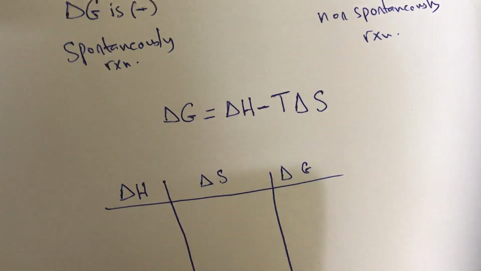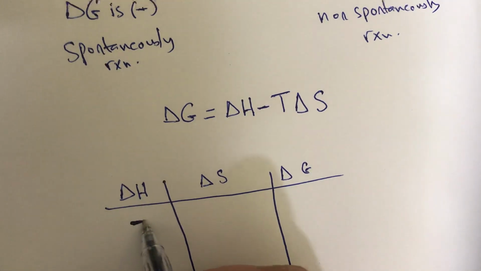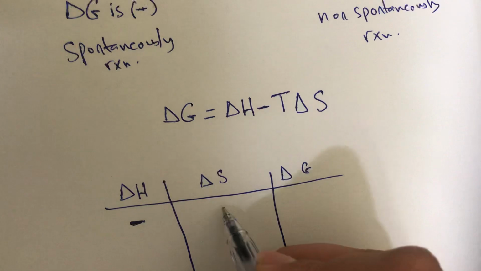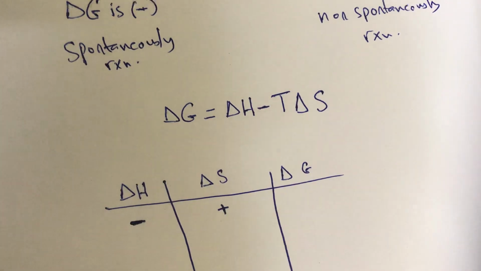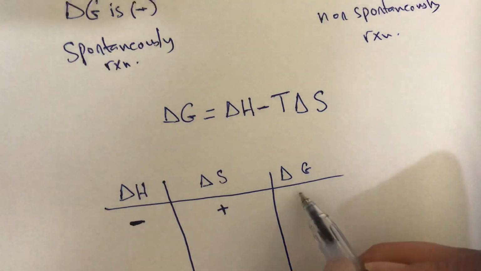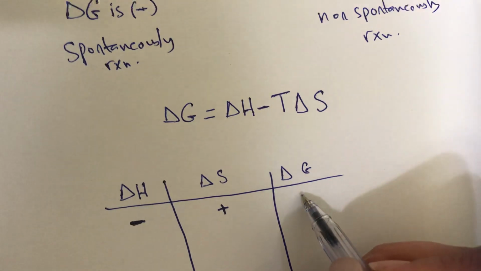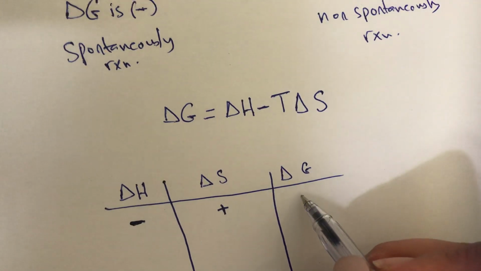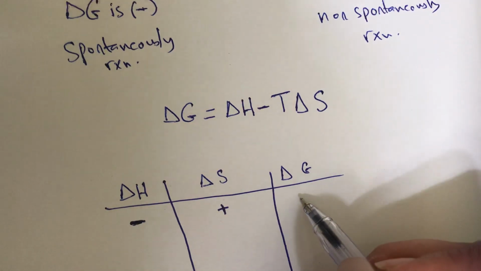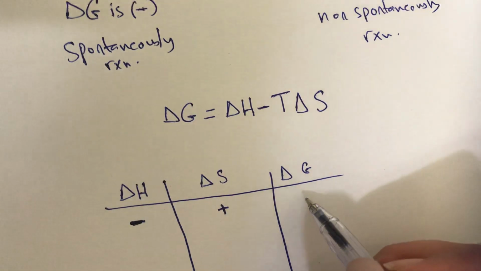What about if the enthalpy is negative and entropy is positive? What do you think about the sign of delta G? Will it be positive or negative? Spontaneous reaction or non-spontaneous reaction?